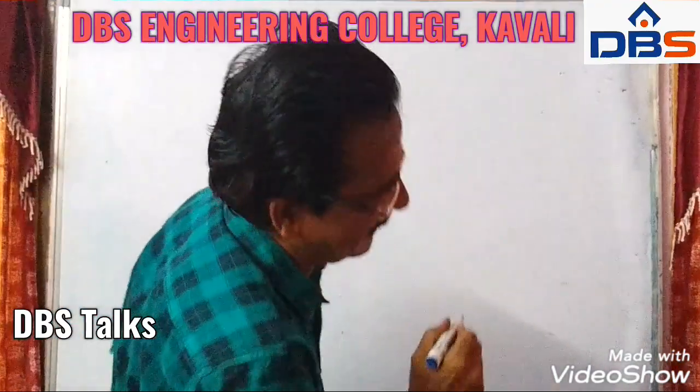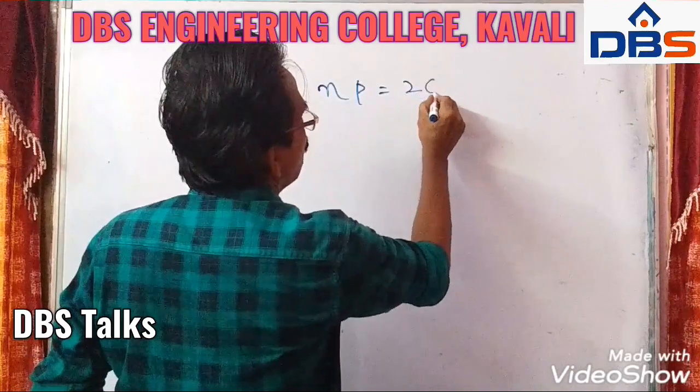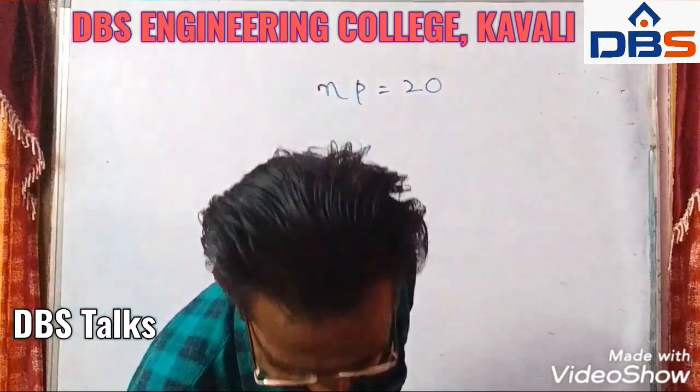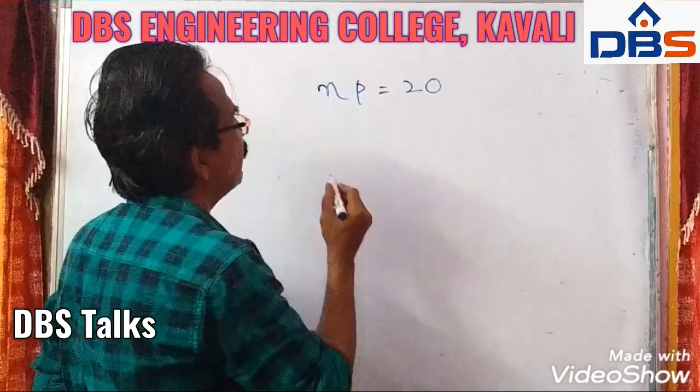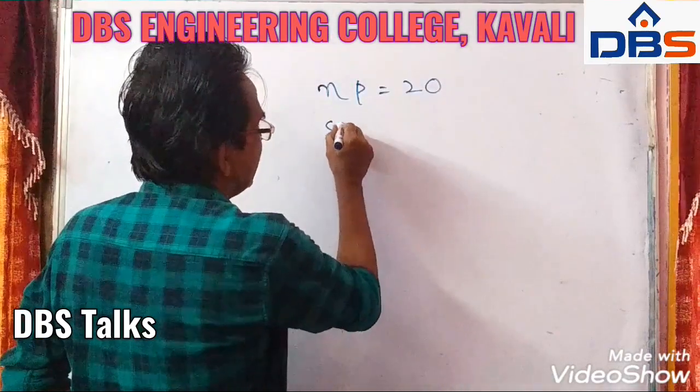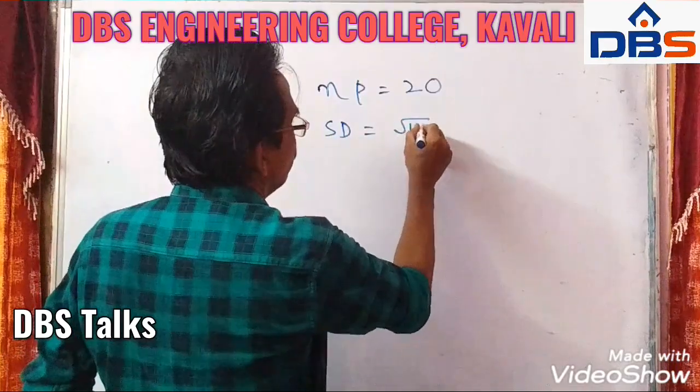Mean is equal to 20. What else is given? Standard deviation is given, standard deviation is equal to root 15.